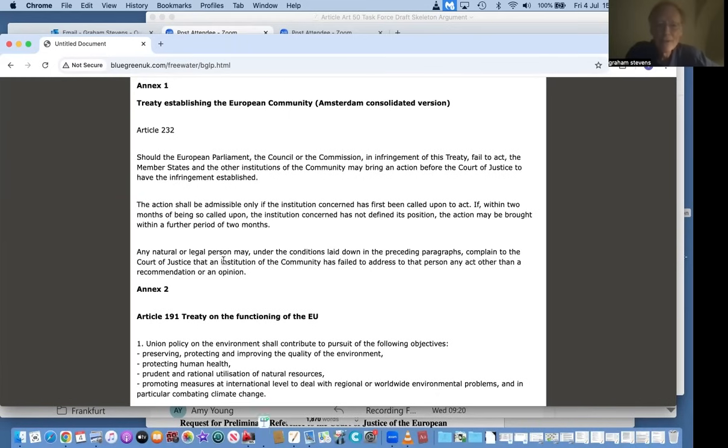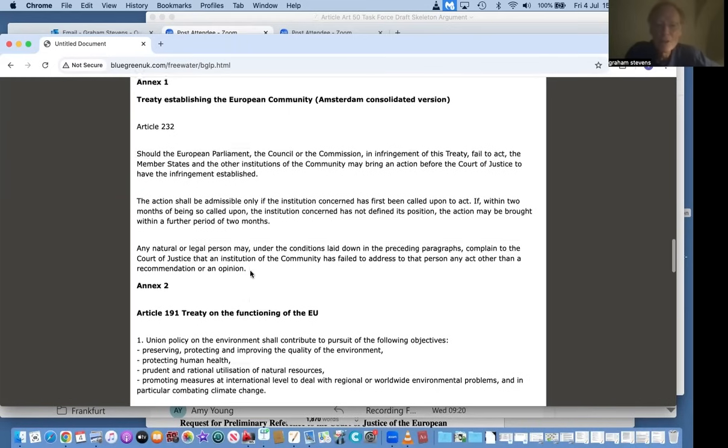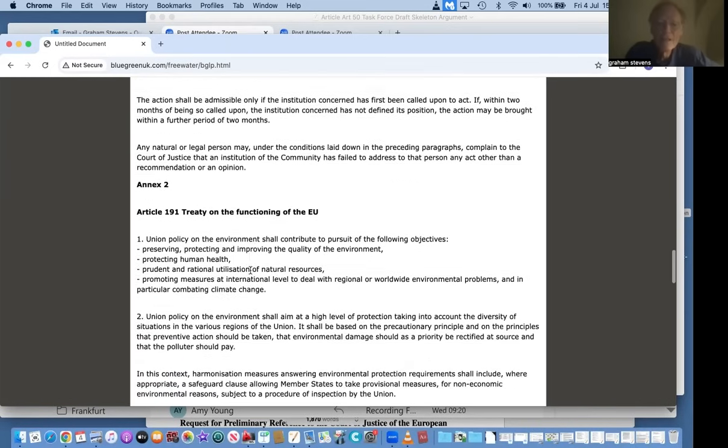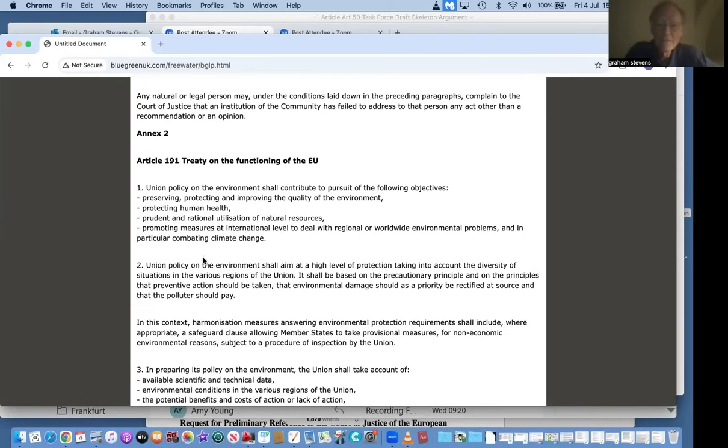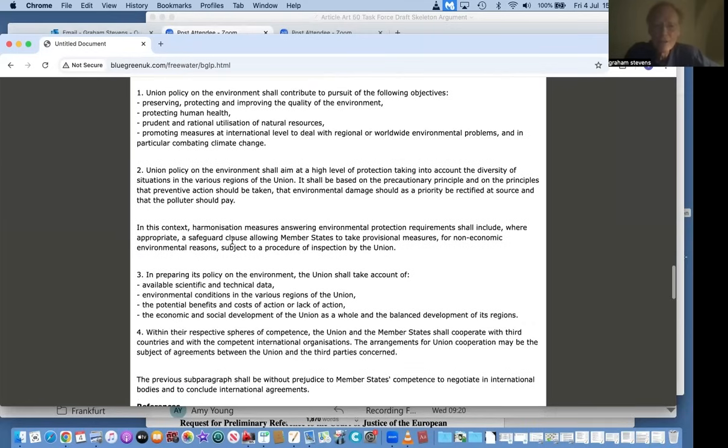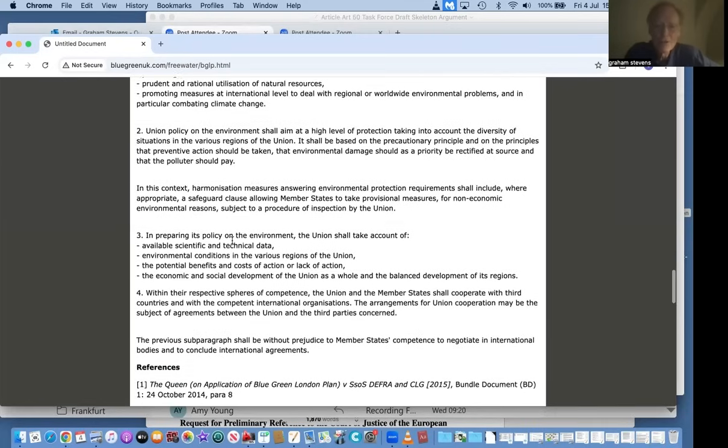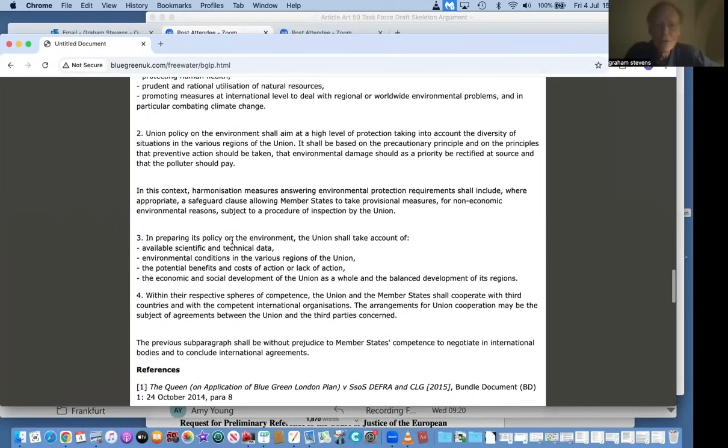And how any natural or legal person can make an objection and a call for action under Article 191, about all the things that we should have been doing, including paying particular attention to worldwide environmental problems, and in particular combating climate change. So Europe, as a civilization, has a duty to combat climate change.